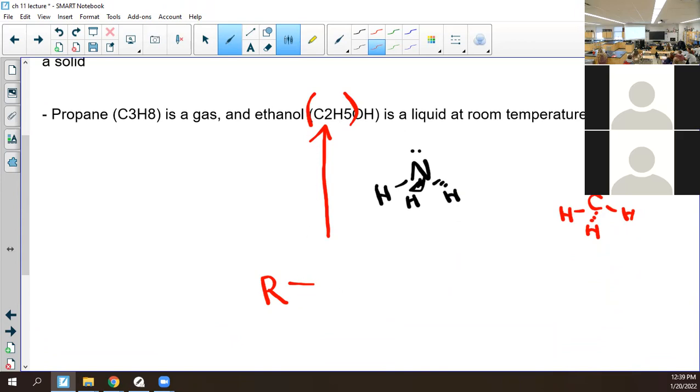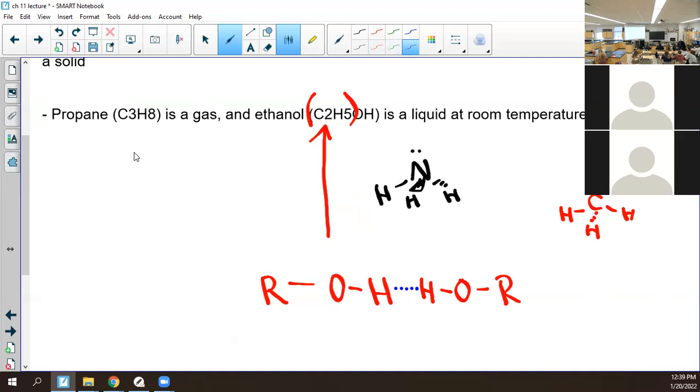And then I'd have O and H. And if I had another R bonded to an O and bonded to an H, what would happen between these two things? Hydrogen bonding. Okay. Now, if this has hydrogen bonding, it also means it has what? Dipole-dipole, because hydrogen bonding is a strong type of dipole-dipole.